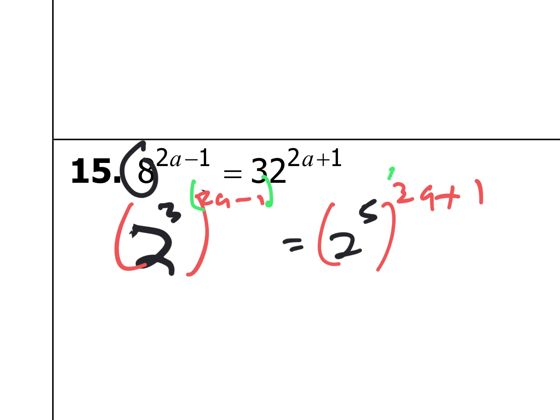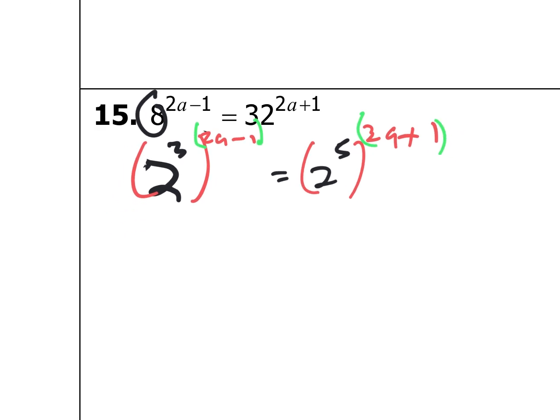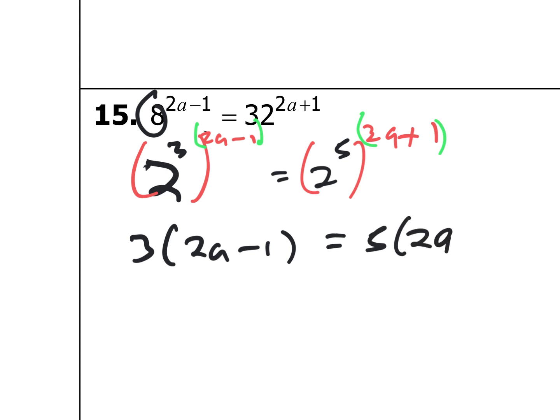And remember, Destiny was showing us that we have to distribute this. So let me just write this out. This is going to be a 3 times the 2a minus 1 has to be equal to a 5 times the 2a plus 1.